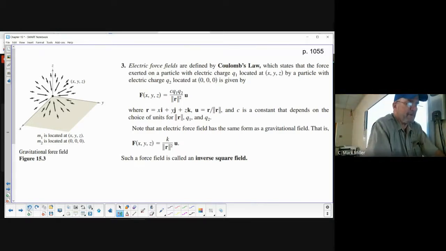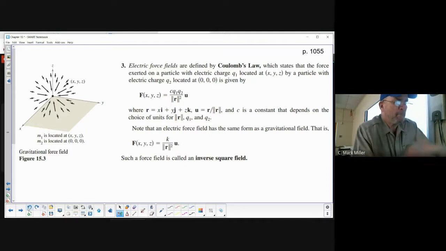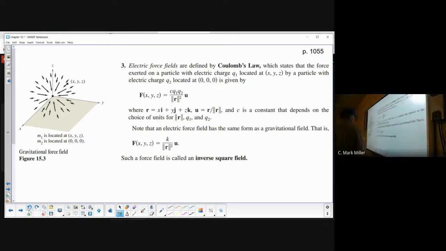The forces between them are that. All right. And now R is a very simple vector valued function.